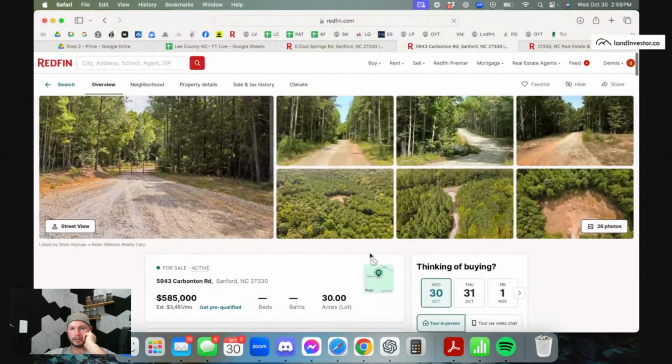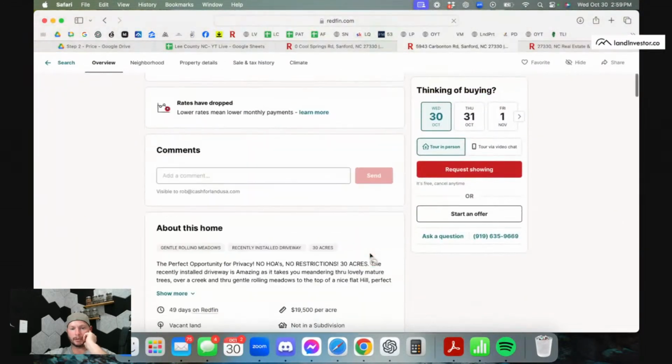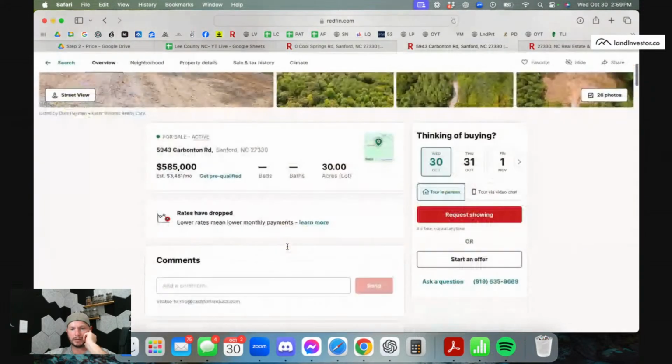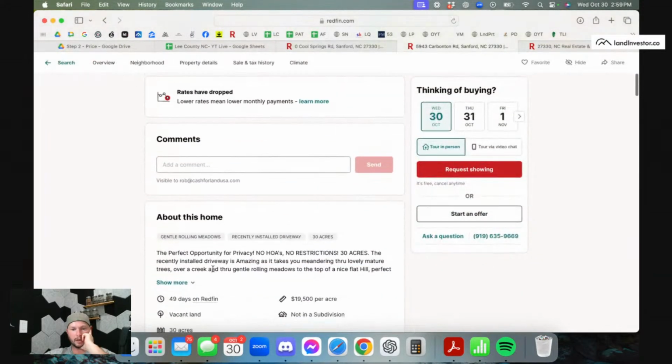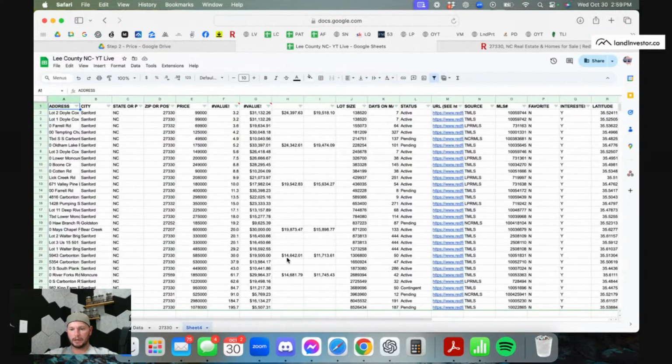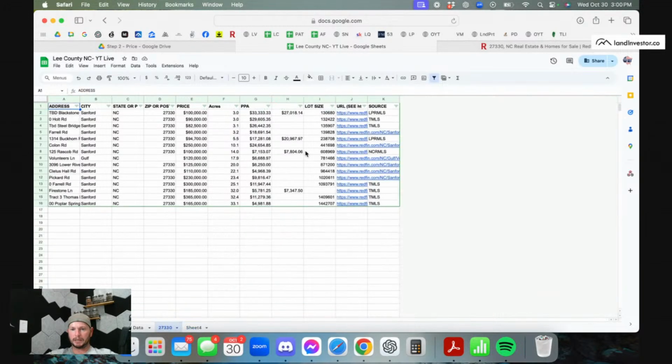I don't think they're going to get what they're asking here. They're listed way too high. 30 acres, and they just put a driveway in. They're trying to improve it to sell, but I don't think they're going to sell for that. So anyways, I'm feeling pretty confident that between these two numbers, we're about 19.